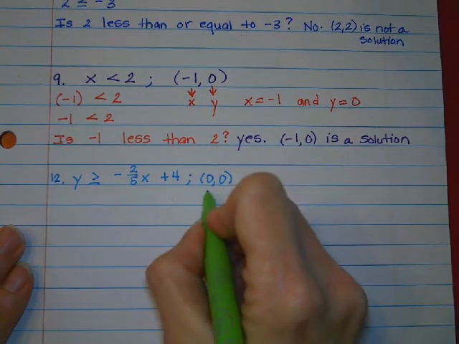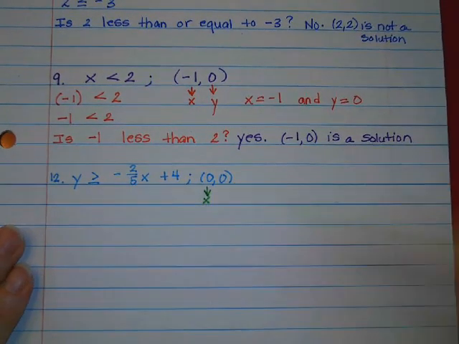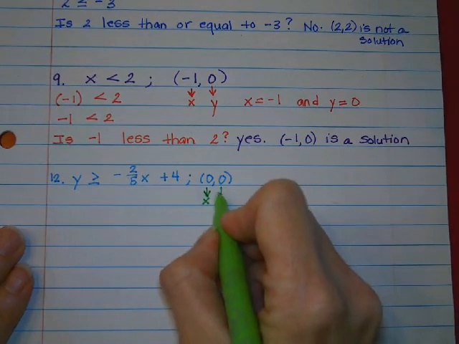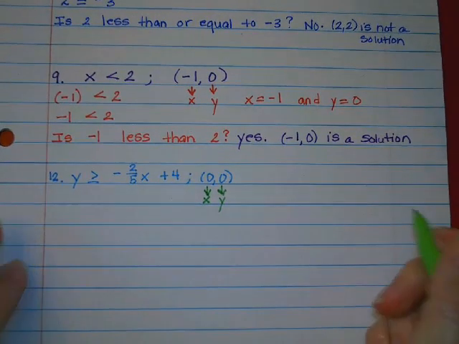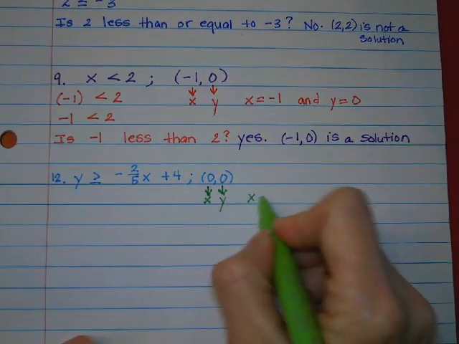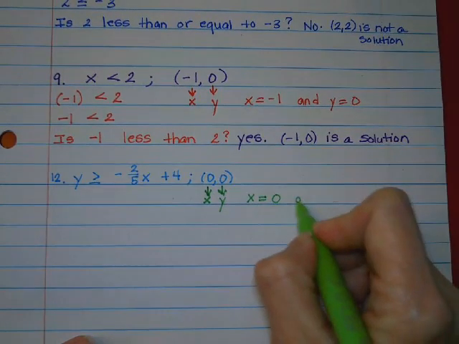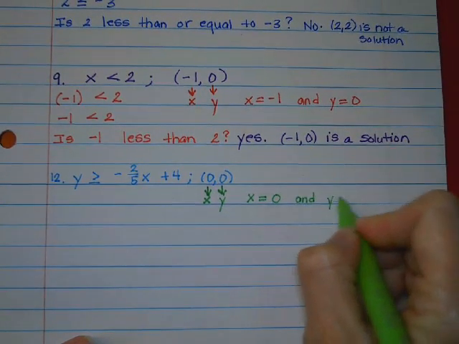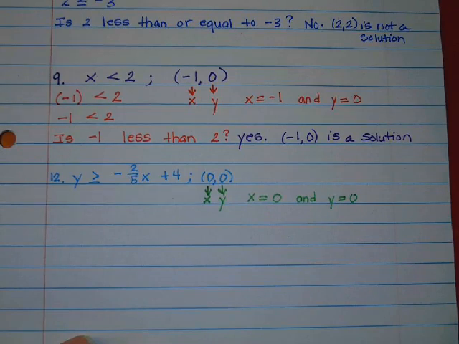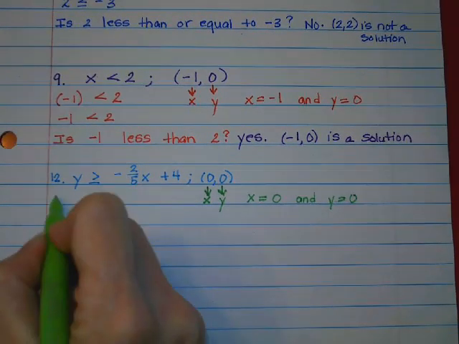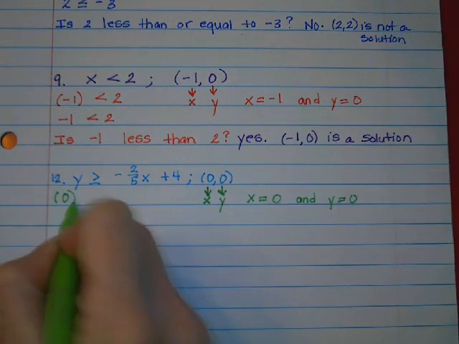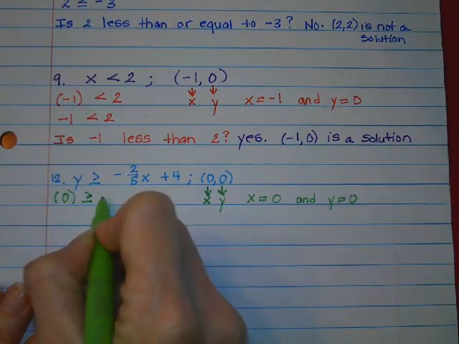So we still got to first identify our value for x and our value for y. So here we have x is equal to 0 and y is equal to 0. So we'll go ahead and substitute. We'll replace our y value with 0. Bring down our inequality sign.